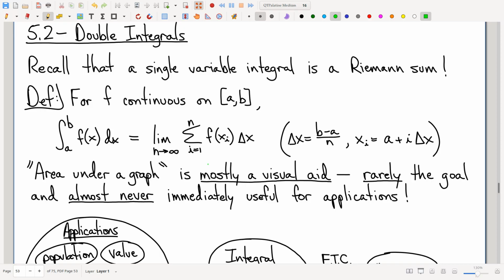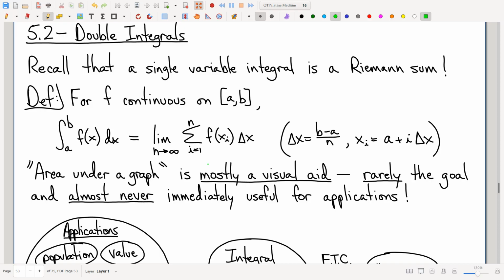This is absolutely wrong, and by the way, also historically inaccurate. This didn't come about until the 1800s. Newton came up with the fundamental theorem of calculus in the 1600s. So there's that little point for your consideration.